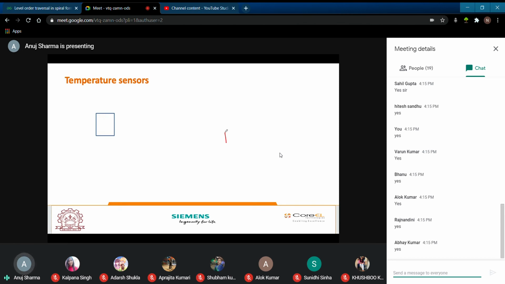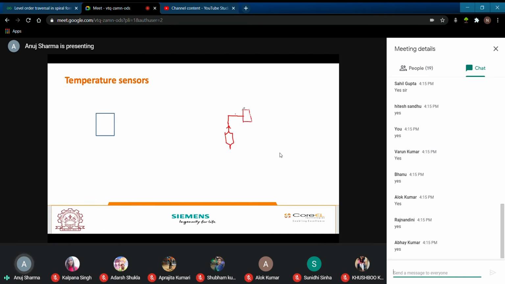Now let us first take an example of our thermocouple. The thermocouple was something like this, and it was itself giving a voltage, which was processed by the transmitter.